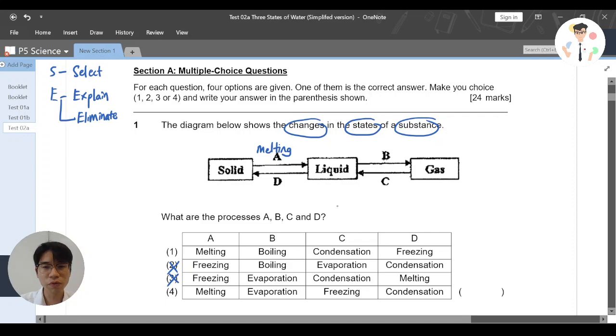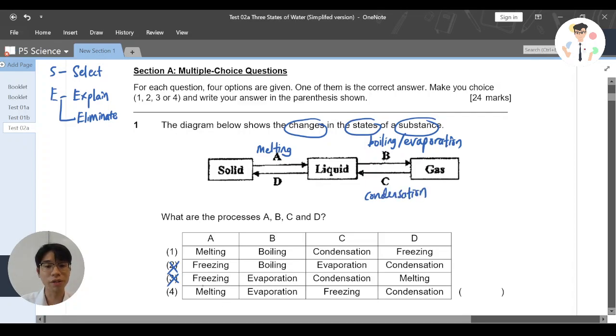Okay? Now let's move on and look at the next one. Liquid becomes gas. It can be either boiling or evaporation, right? So if you look carefully, can you eliminate any? No, boiling, evaporation. Good. Gas becomes liquid. This is something we call condensation.